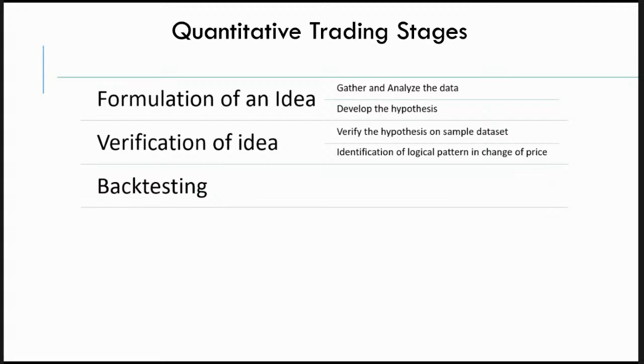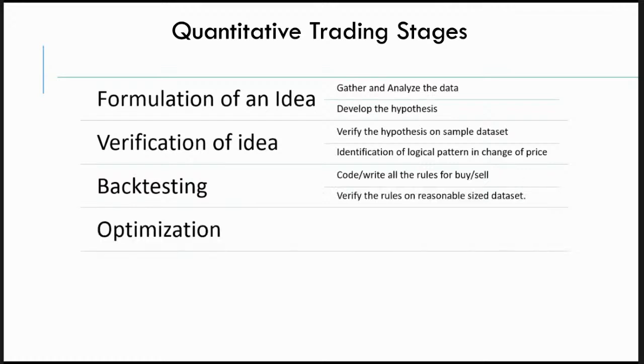After that, the stage that comes is backtesting. Backtesting is nothing but the detailed verification of the idea we have discussed in the previous steps. We have to list down all the rules in detail, and we have to take a larger data set so that we can cover each and every market scenario, and verify this on a trading strategy.